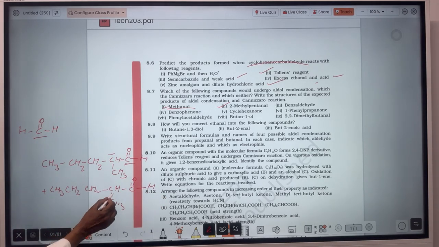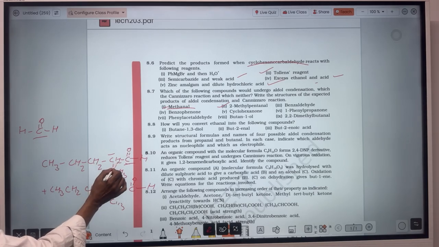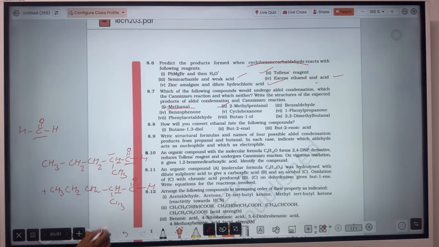Now what happened? The hydrogen of this one will combine with this oxygen, or this hydrogen combines with this oxygen. Either can happen, the product will be the same. So what will the structure of the compound be?